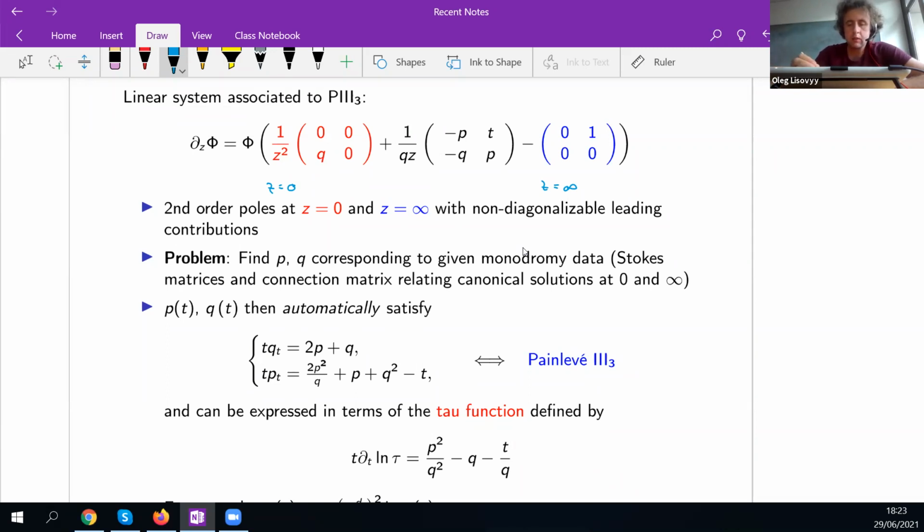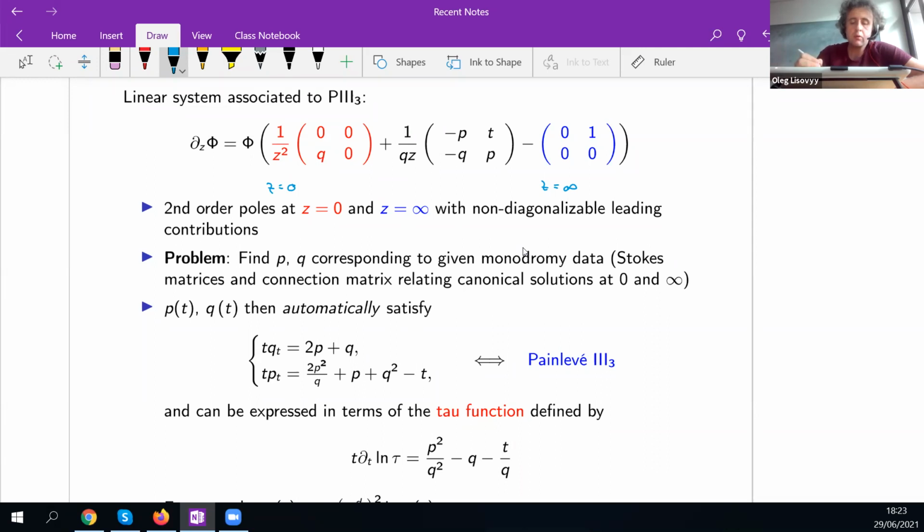So this system is characterized by a certain amount of monodromy data, Stokes matrices, connection matrices, and so on. And the question is, for a given monodromy data, can we find P, Q, and T?